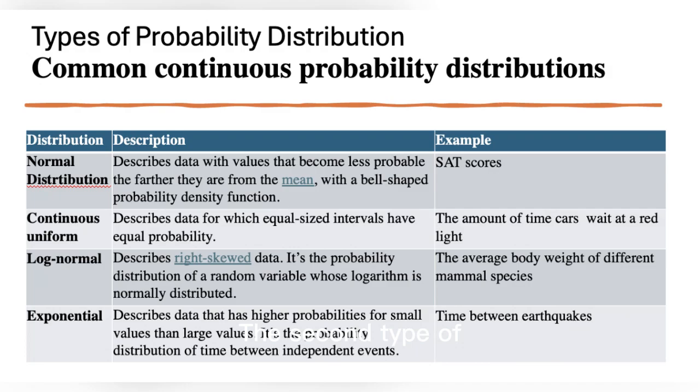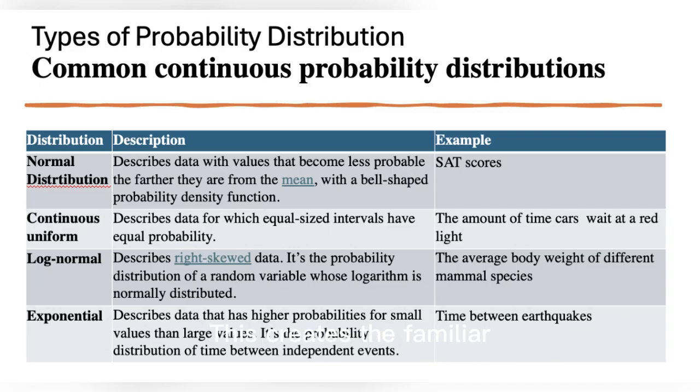The second type of probability distribution is the common continuous probability distributions, which deal with data that can take on an infinite number of possible values within a given range. One of the most well-known is the normal distribution, which describes data that cluster around the mean and become less probable the farther they are from it.